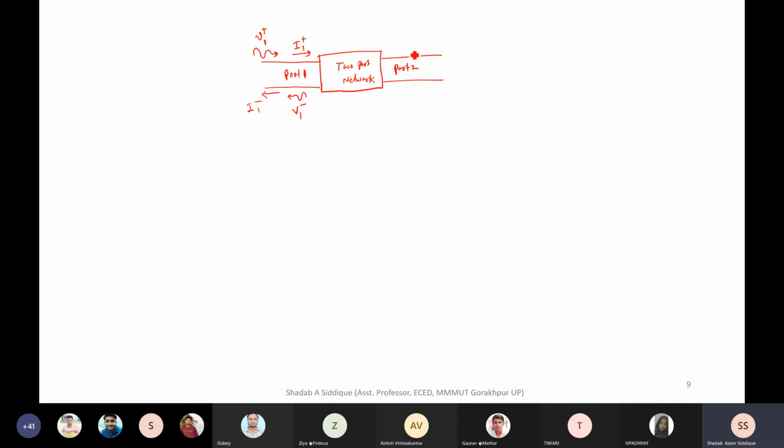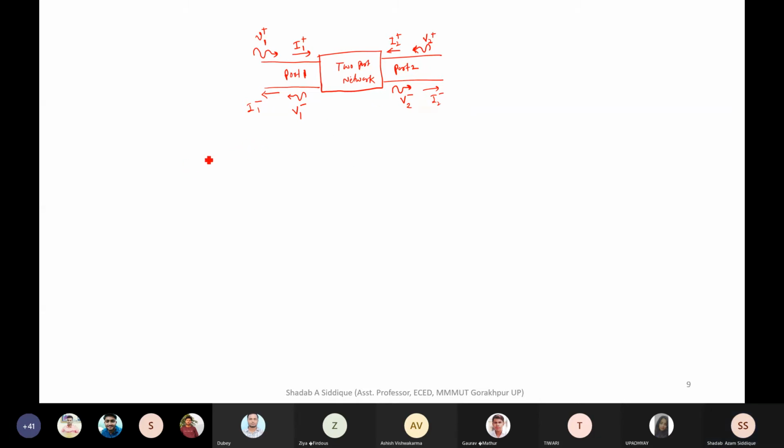Similarly, the incident voltage at port 2 is V2 plus with current I2 plus, and the reflected voltage is V2 minus with current I2 minus.